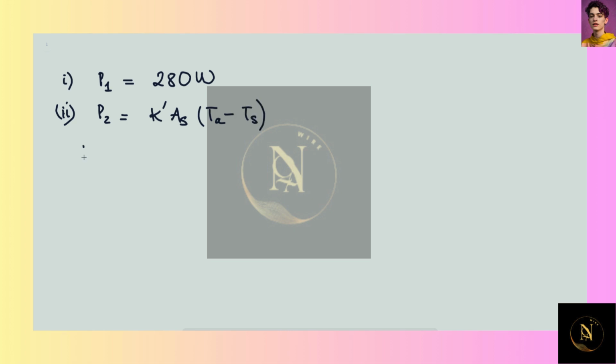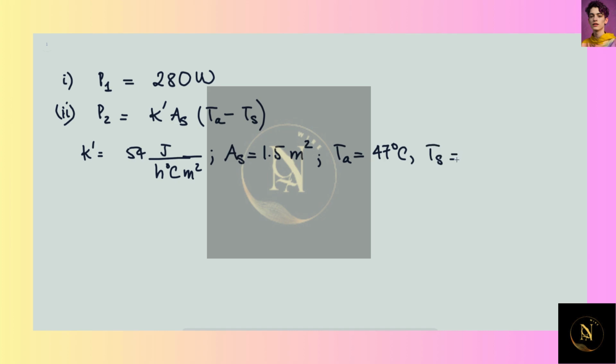We're given that K prime is equal to 54 joule per hour degrees Celsius meter squared, the area of skin is equal to 1.5 meter squared, the air temperature is equal to 47 degrees Celsius, and the skin temperature is equal to 36 degrees Celsius.